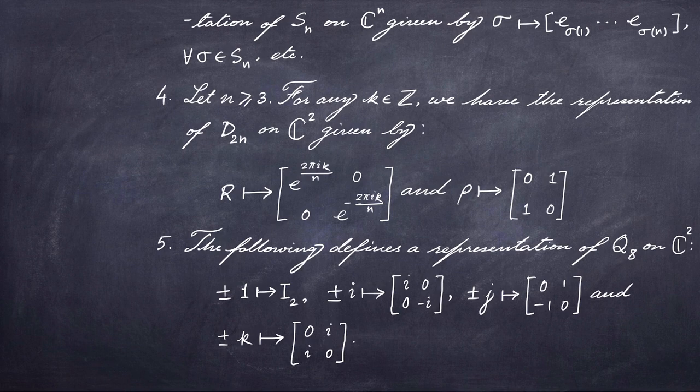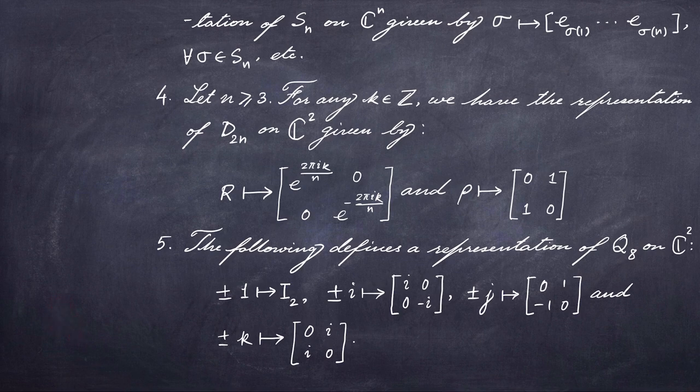The next example is about a representation of the quaternion group. If we send plus minus 1 to I2, plus minus i to this, j to this and k to this, that gives us a representation of Q8 on C2.